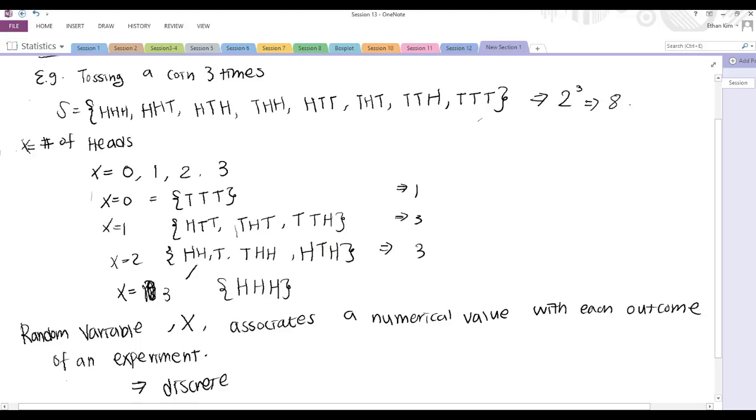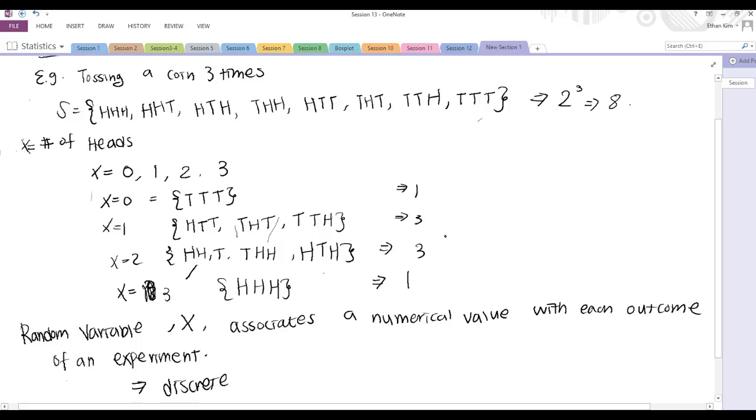And these are the values that we take for x. When we're looking at probability, again, I said that this is a probability distribution.